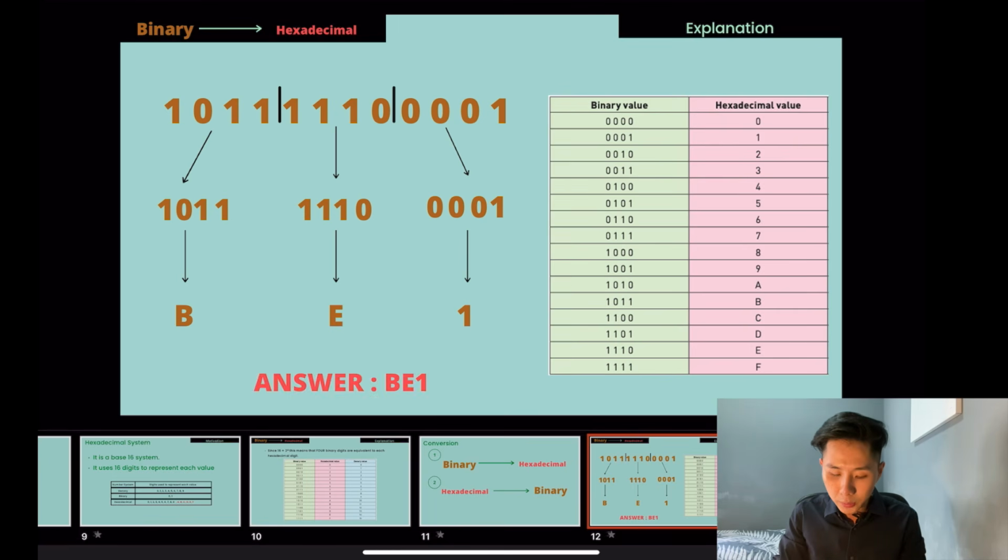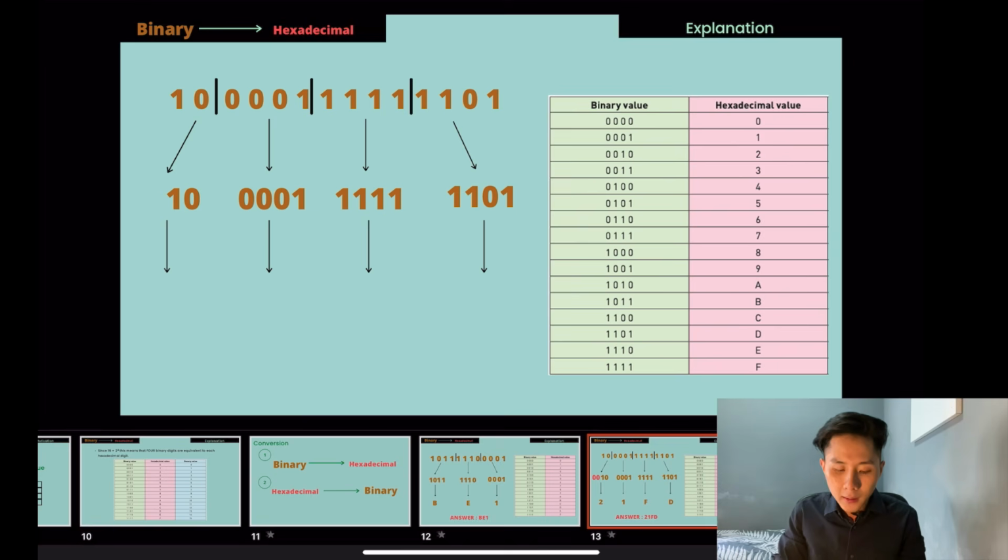So let's look into the other question, in which it's the same type of question, but here we have 14 digits in binary instead of 12, so that when we split this binary into chunks, we get 4 chunks, all right? However, the leftmost chunk, as you can see, only has 2 digits, but we cannot find that in our table here. So what do we do?